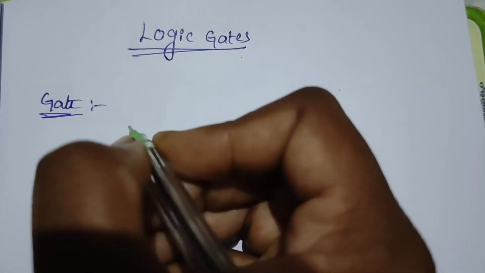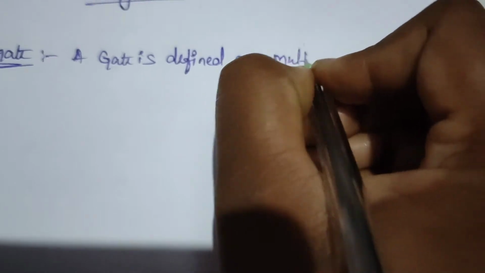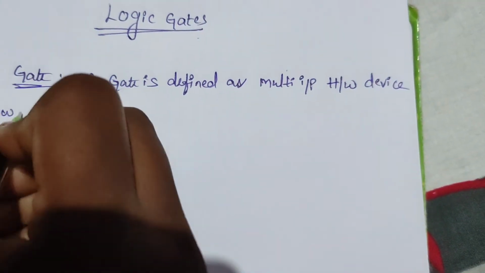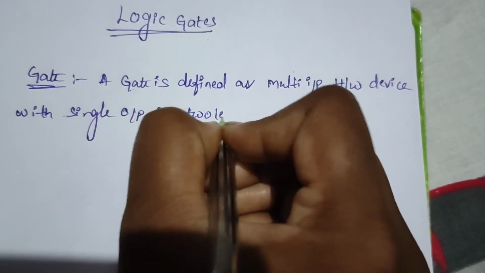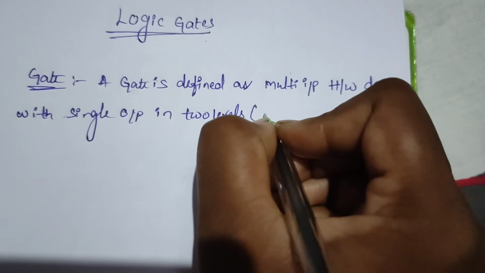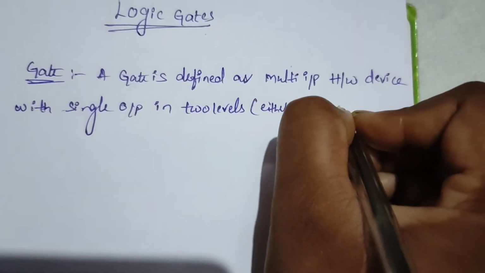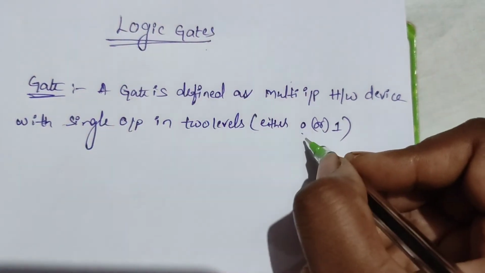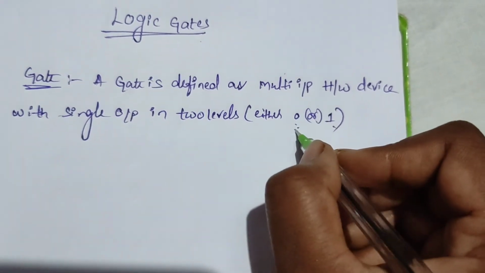A gate is defined as a multi-input hardware device with single output in two levels, either 0 or 1. So this 0 or 1 can be called as false, true, low, high, off, on.